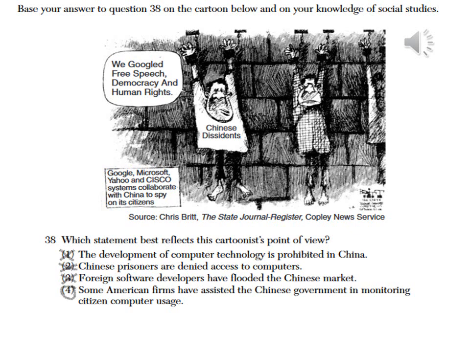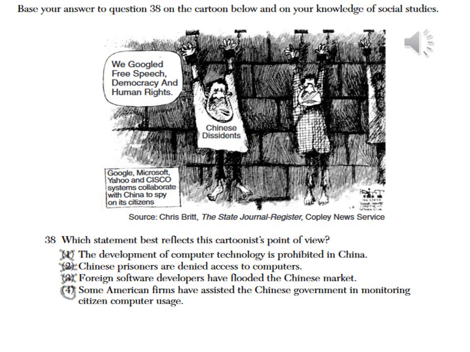They're Chinese dissidents, and it says, "We googled free speech, democracy, and human rights." It's listing Google, Microsoft, Yahoo, Cisco Systems. It says that they collaborate with China to spy on its citizens.